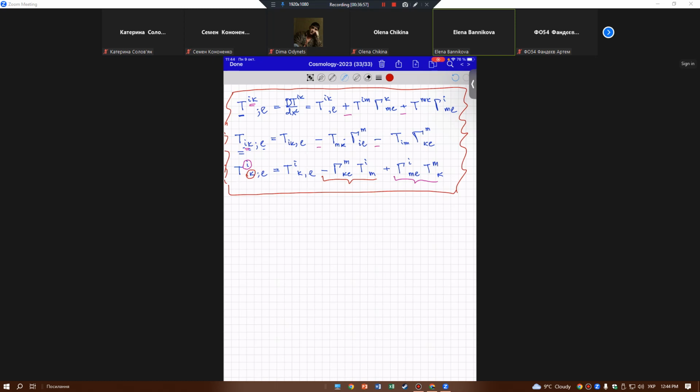So this we can put in a frame, and this is what we will need: the covariant derivative of a tensor of second rank. So for all possibilities: contravariant, covariant, and mixed.